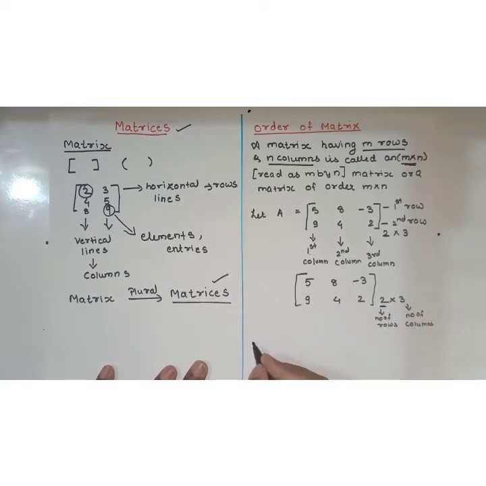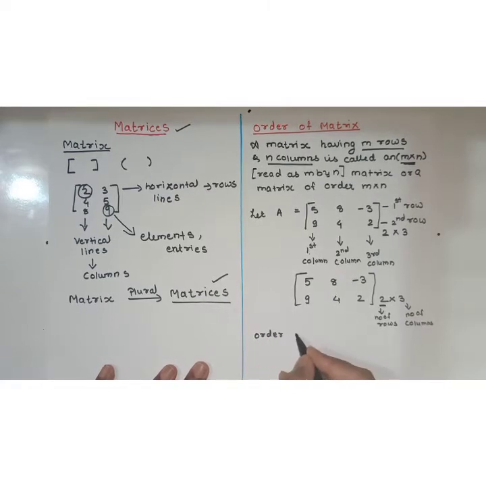Order of matrix is very simple. If a question comes, you must be able to answer it. What is the order of this matrix? 2 by 3.